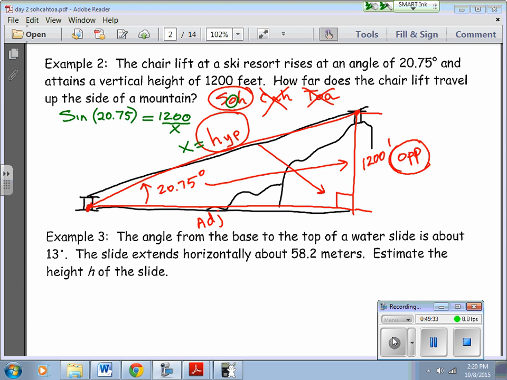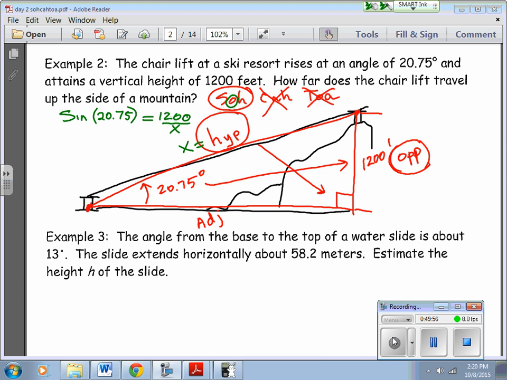Now I want you to look at that equation. Your goal in this equation is to solve for the letter x in that problem. Any suggestions on how I can get x completely by itself? Because right now it's in the denominator of a fraction.